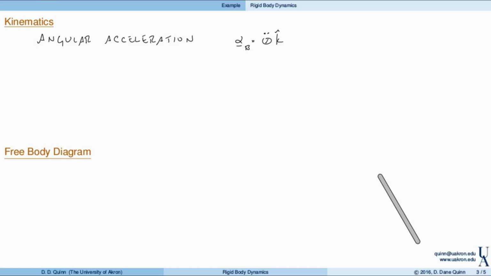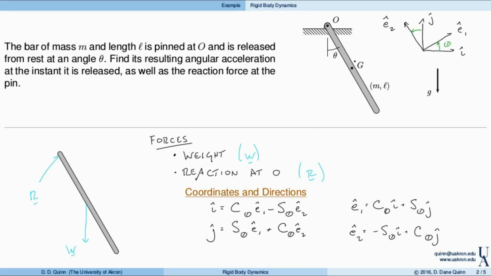Now, I'm not measuring the position or the displacement of G directly. Instead, I'm measuring theta. So I need to be able to relate the coordinate theta to the acceleration of G. And I can do that using planar kinematics because O is fixed in the ground.